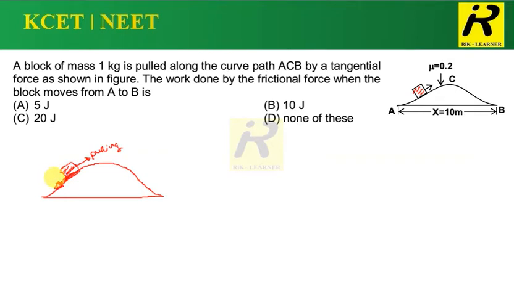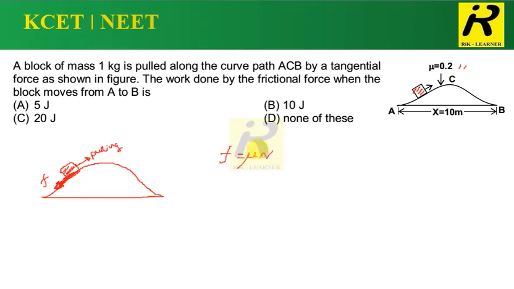This F is friction. And how do we write F? F is equal to mu into N. Mu is already known, that is the coefficient of friction, given as 0.2 in the drawing.